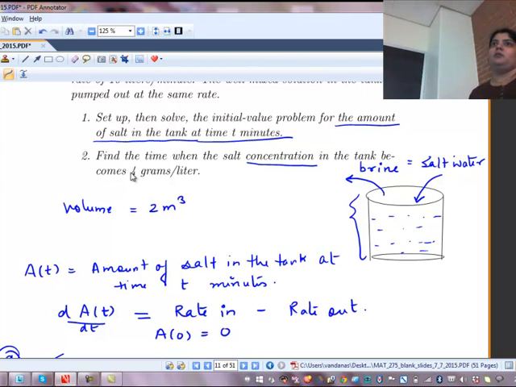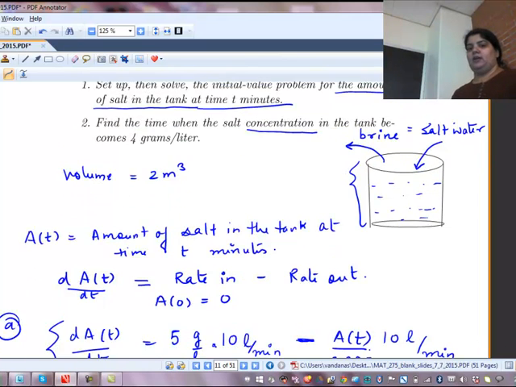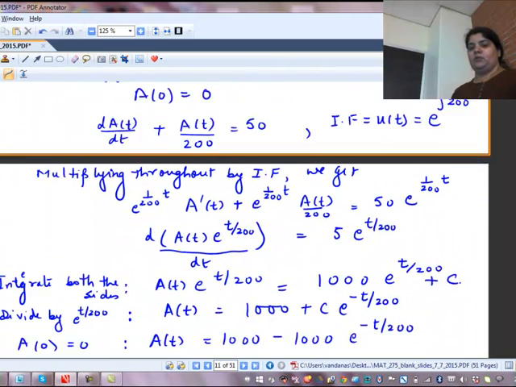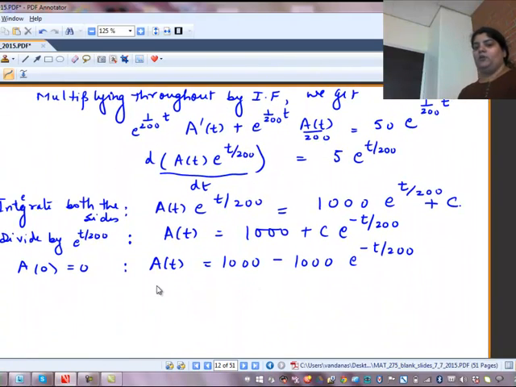Amount is in grams. So if I divide the entire expression by the volume, I will convert A(t) to concentration, then equate it with 4 and look for time t. So that's the idea. We have the amount, and now we want 4 grams per liter concentration.